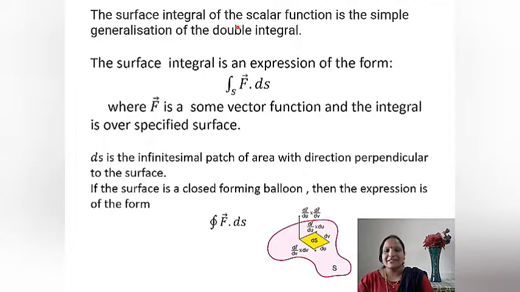The surface integral of a scalar function is the simple generalization of the double integral. The surface integral is an expression of the form surface integral of f ds, where f is a vector function and the integral is over the specified surface, where ds is an infinitesimal patch of area with direction perpendicular to the surface.